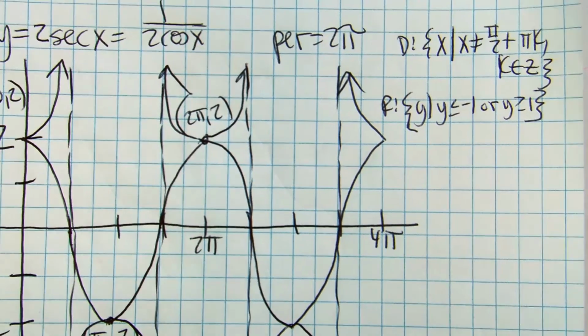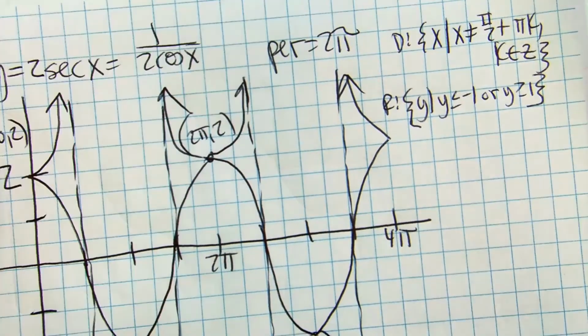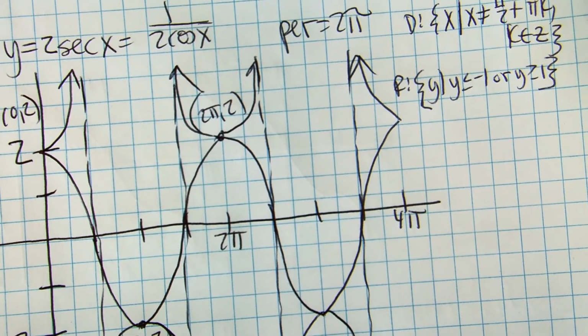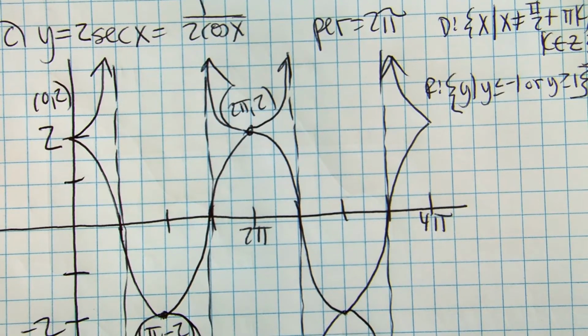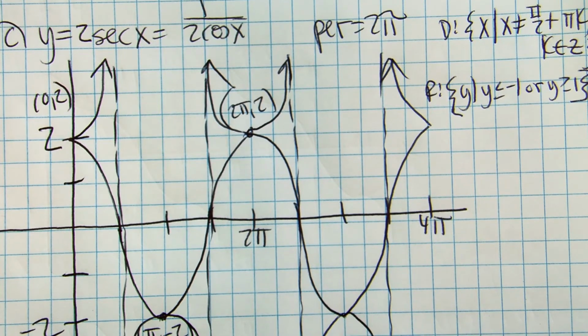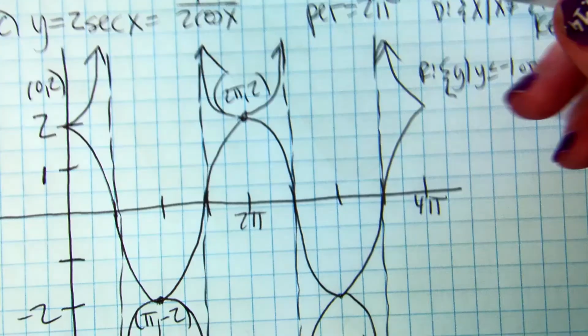And then I asked you to do 2 secant x, to put a 2 in front. And all that changes is the amplitude. So this is 1, and so then this is 2. And it starts up higher.